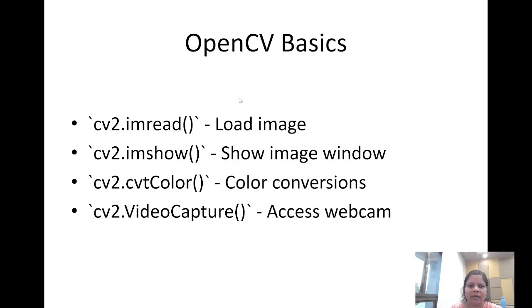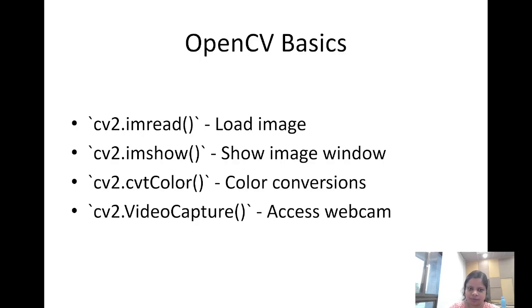Commands like imread read images from your disk. imshow displays them. cvtColor converts them between color spaces. And VideoCapture accesses your webcam. This basic functionality is enough to begin detecting colors, tracking motion, or finding objects in an image. Just these 4 commands are enough.